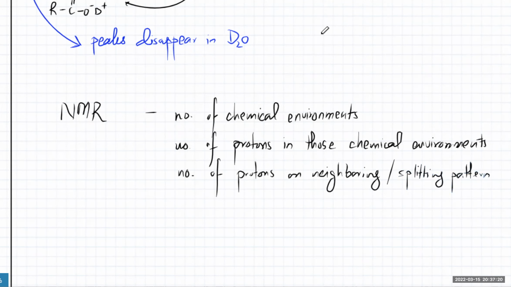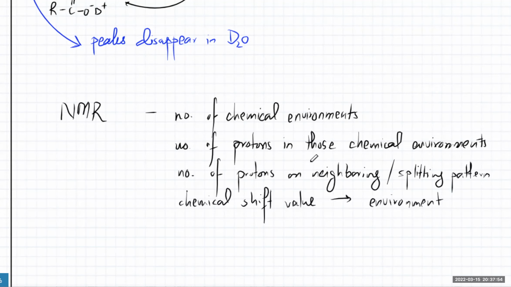And lastly, the chemical shift value. You can open the data booklet; this is the last thing that you should do. Analyze the chemical shift value, because that will also give you information about the chemical environment, whether the hydrogen protons are next to a single bond or a double bond, whatever it is next to. So mainly it's these three, four things.